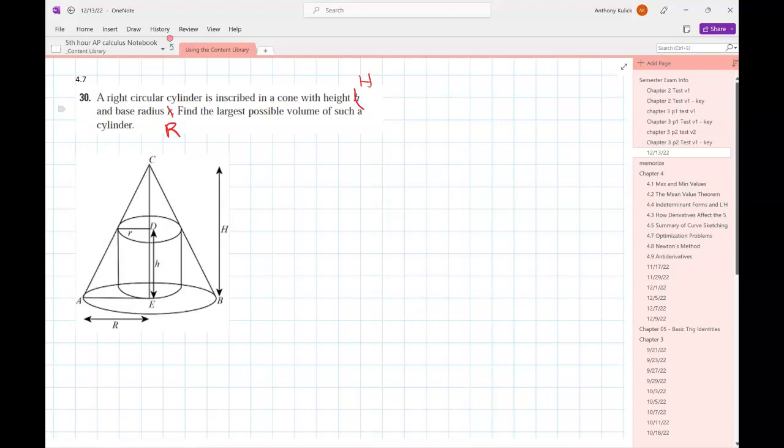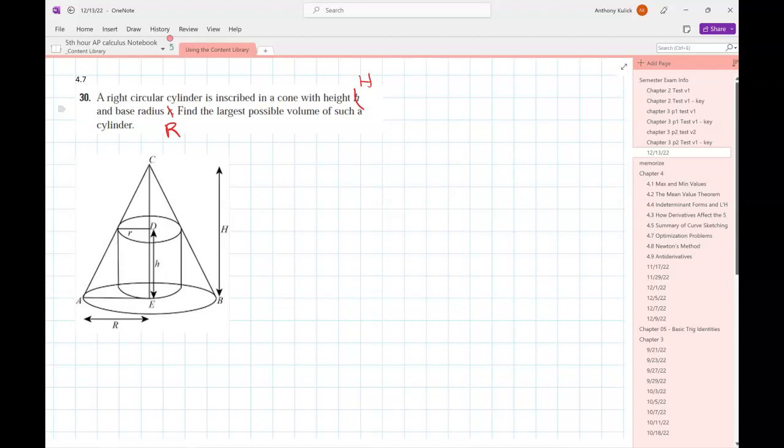One of them might just be, here's a picture and I've labeled the vertices, like A, B, C, D, E, whatever, and might have asked you to write in terms of X, Y, R, H or whatever, labeling a picture with some reasonable variable names for these things. That might be 1 point. Nothing, no calculus involved, just labeling a picture.